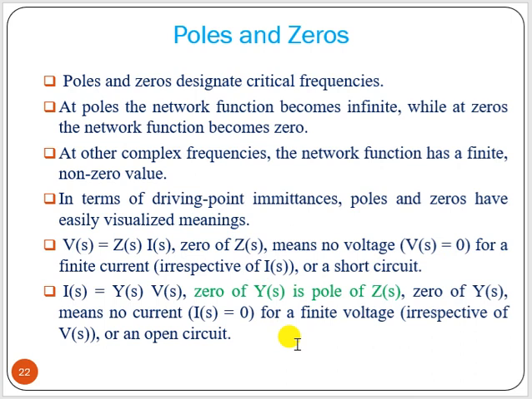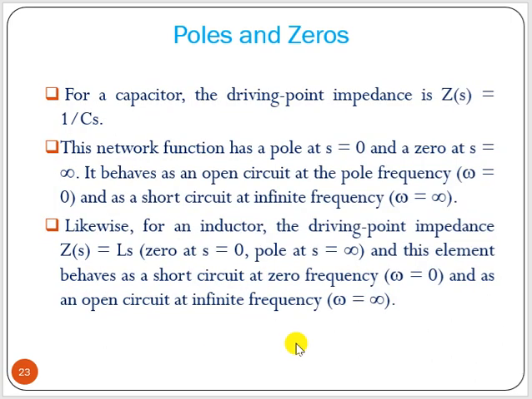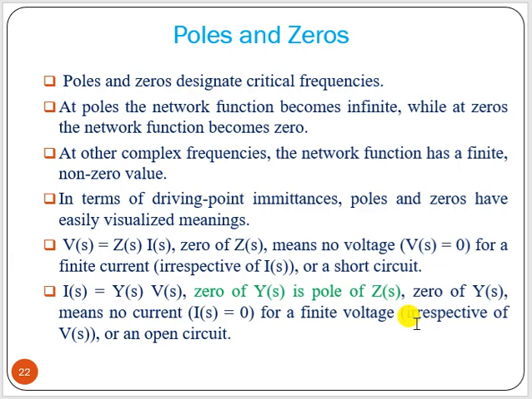And poles make the network function infinite. That means it makes the transfer function open circuited, so we can find the voltage response of the circuit. So zeros help us find the current response, and poles help us find the voltage response. And the proof that I have shown you is in terms of 1 by Cs and Sn.